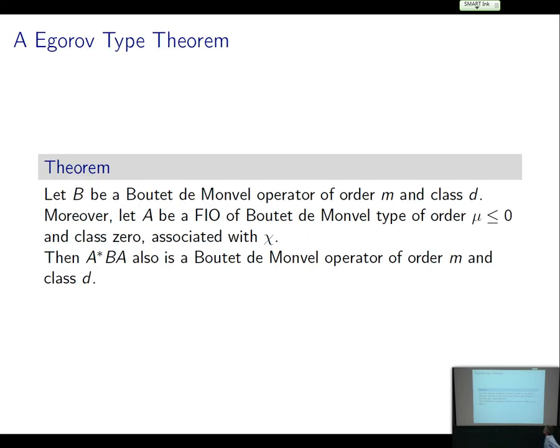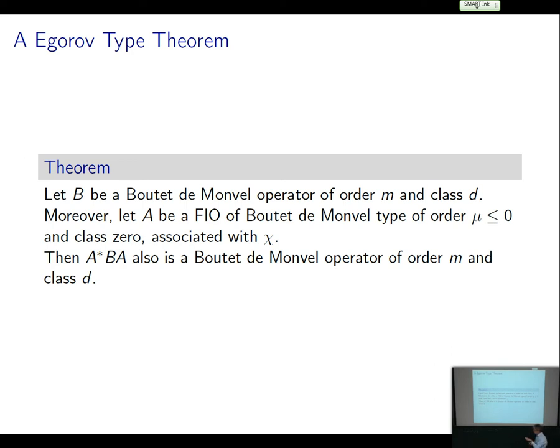Okay, what is good about this? You get an Egorov type theorem. Egorov's theorem for Fourier integral operators says if you have a pseudo-differential operator and you conjugate it with Fourier integral operators, it stays a pseudo-differential operator. So this is also what happens here.